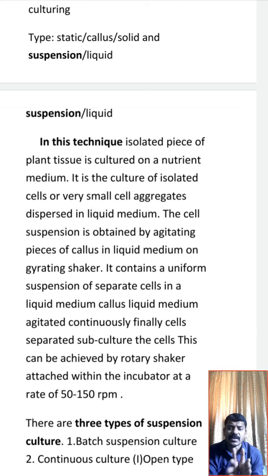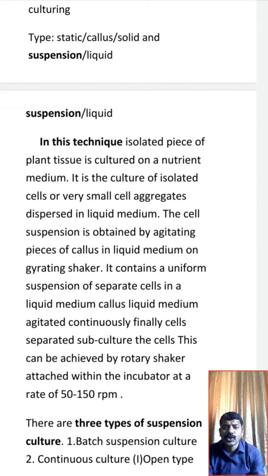We have to go for surface sterilization, that is we will just clean the surface using some bleaching agent or sodium or potassium hypochlorite solution or mercury chloride solution or hydrogen peroxide or some alcohol that are used in a fixed and a well defined manner to sterilize the starting material, that is explant. What do you mean by sterilization? To make something free from even a single living organism is called sterilization.